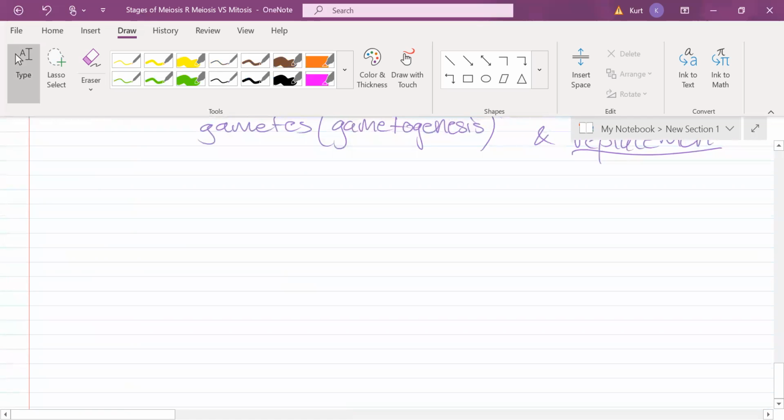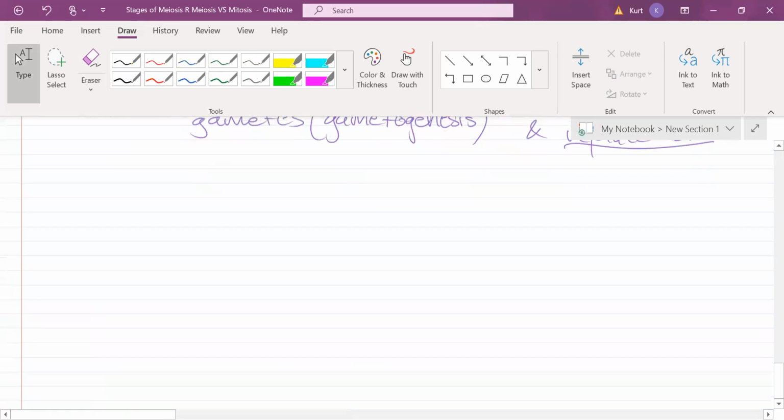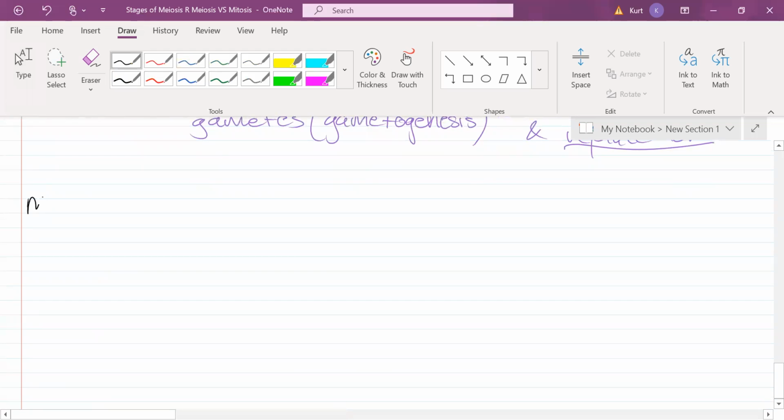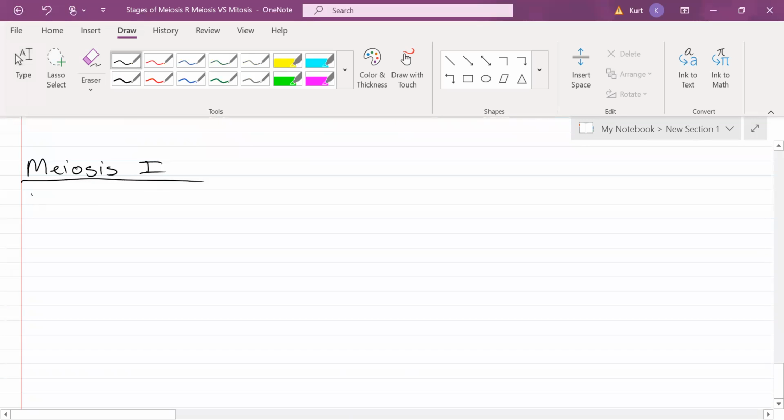But this is going to be abbreviated, okay? What the heck, why not? All right, so I'll draw it with you. We'll do meiosis 1, meiosis 2, and then mitosis. Here we go.